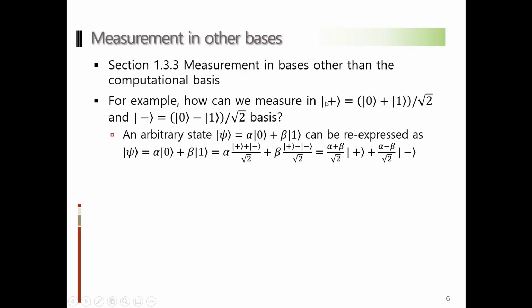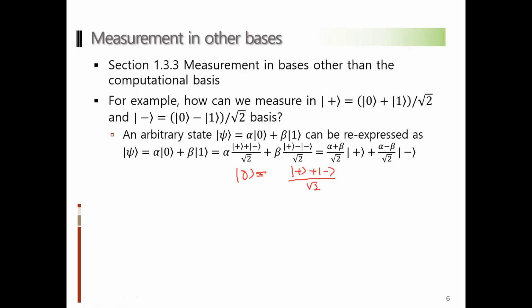Well, you know that if we define plus this way and minus this way, we can also calculate that the zero state is the summation of these two vectors divided by the square root of 2.